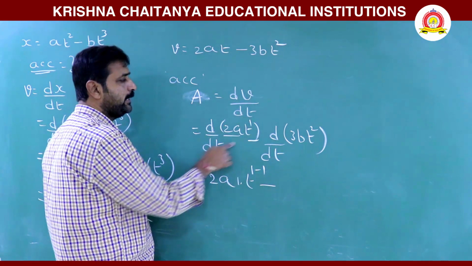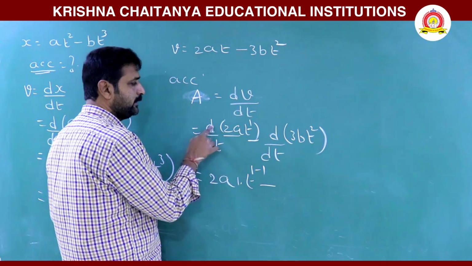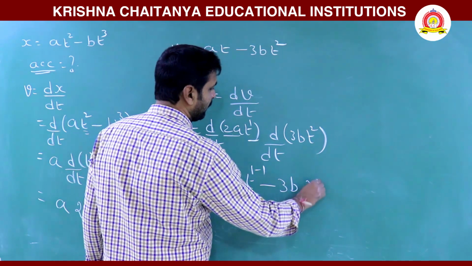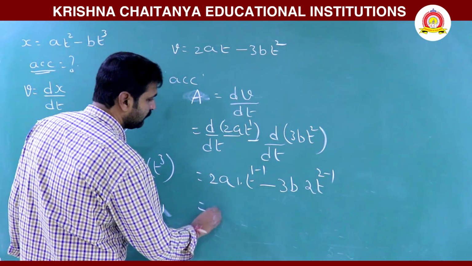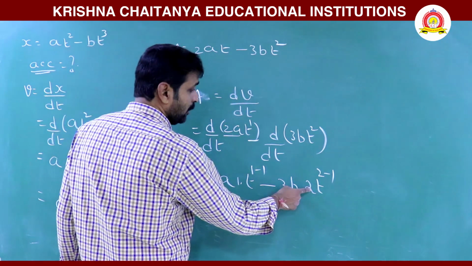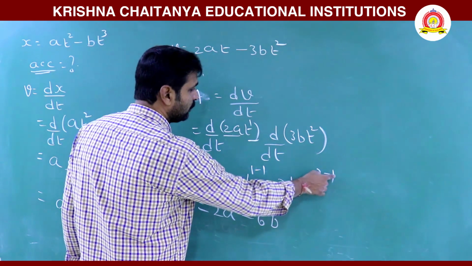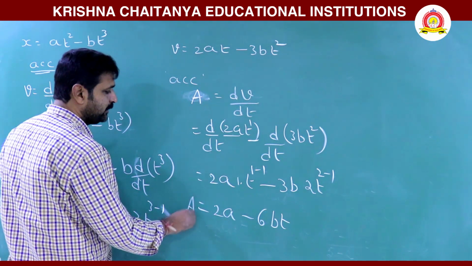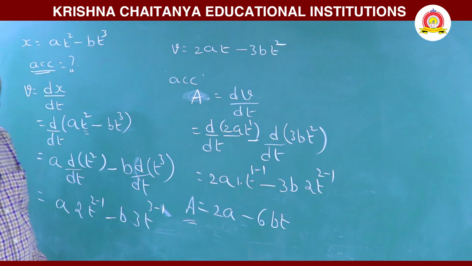So always d by dt of t is 1. We need not write this every time. So this is 2a minus 3b into 2t, so it is 2a t power 0 which is 1, minus 6b, t power 2 minus 1 is t. So acceleration is 2a minus 6bt.